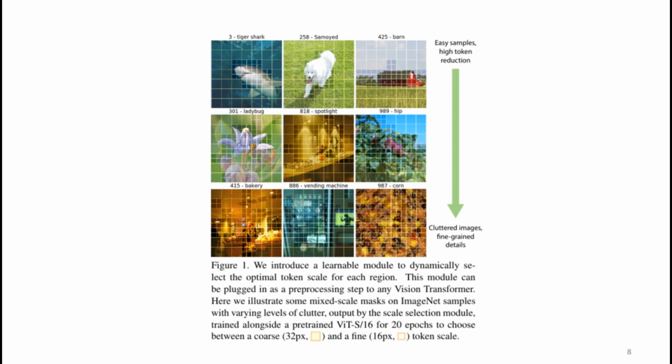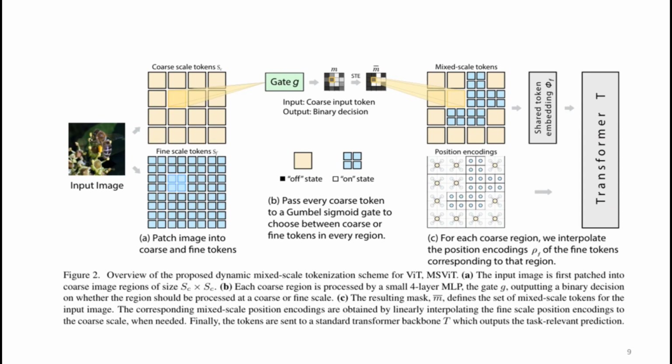Dear friends, the authors of this paper propose MSViT, the Mixed Scale Vision Transformer, which introduces a dynamic mixed scale tokenization scheme to address this issue. The core idea is to apply a conditional gating mechanism that adapts the size of the tokens based on the content of the image.